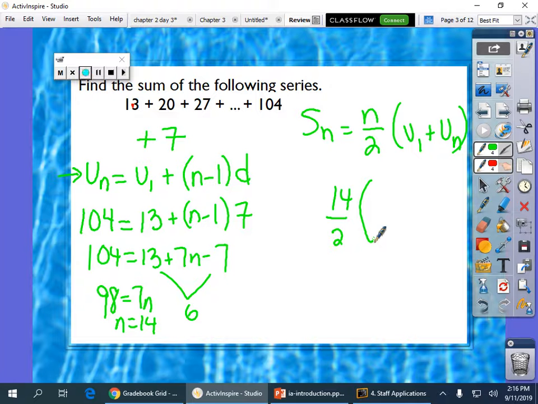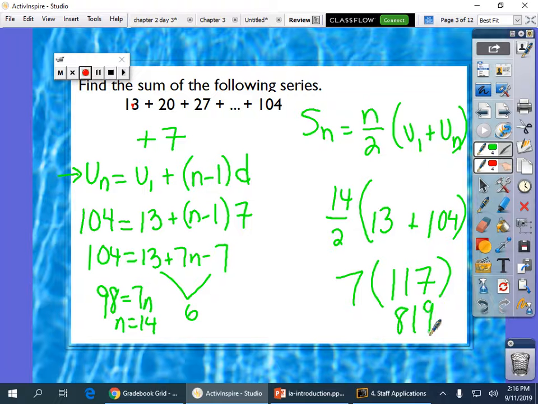Okay, what's the first term? 13 plus the last term was 104. So 7 times 117, 819, problem done. The majority of your problems are like this, okay? There's a couple challenging ones. Let's keep going.